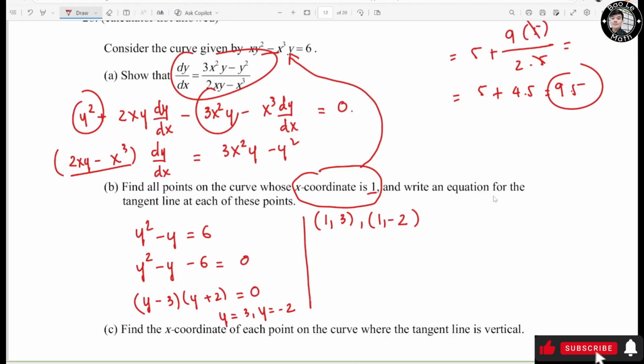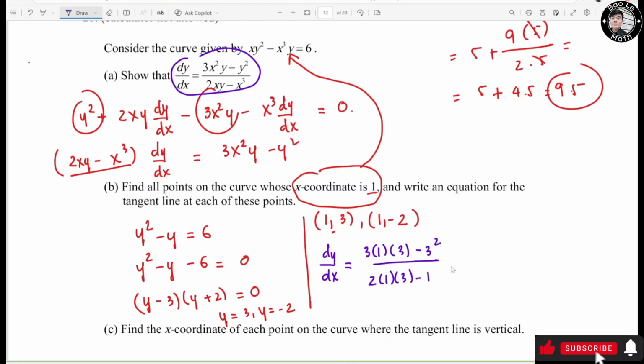Now we need to write an equation for the tangent line at each of these points, right? So we need to write this one first, right? So we have the slope is given by this formula right here, right? So we have dy over ds equals, substitute 1 and 3 for s and y right here, right? So we have 3 times 1 times 3 minus 3 squared over 2 times 1 times 3 minus 1, right?